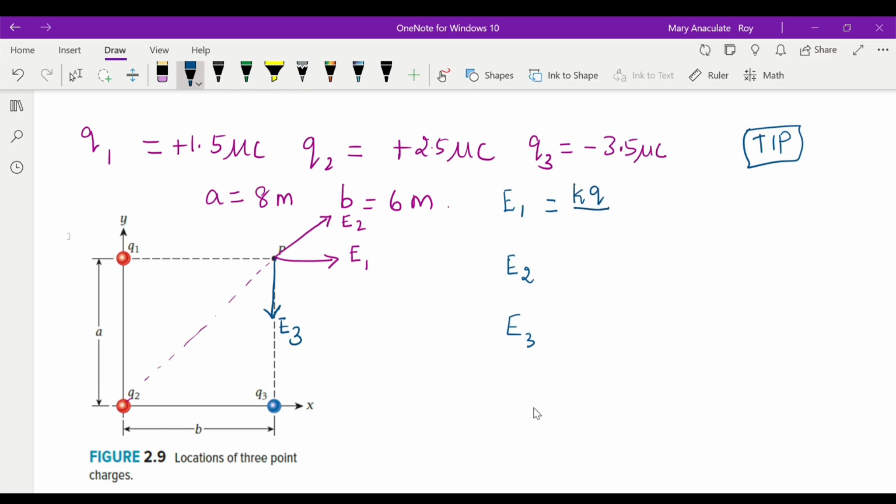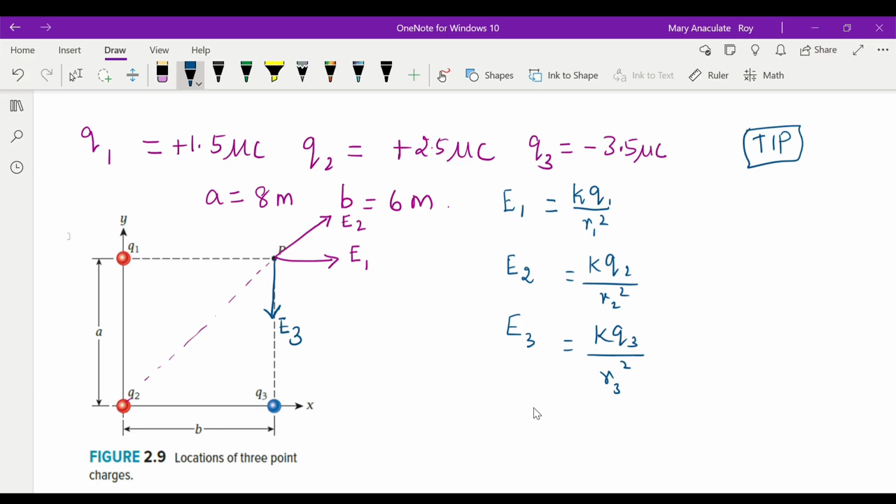So this is kQ1 over R1 squared. This is kQ2 over R2 squared. E3 will be kQ3 over R3 squared. Now look at the formula and see if you know the distances and the charges given. k is known to you, Q1 is given, Q2 is there, Q3, yes, you can substitute.